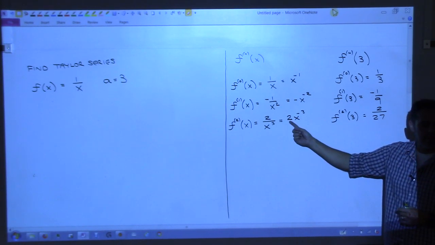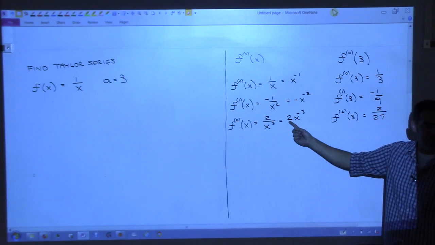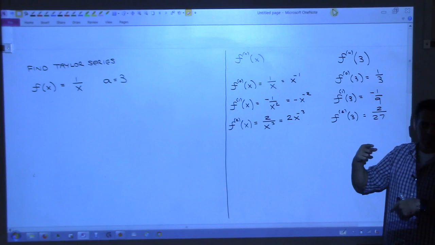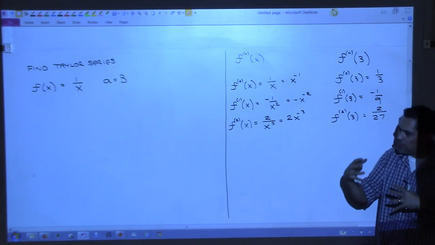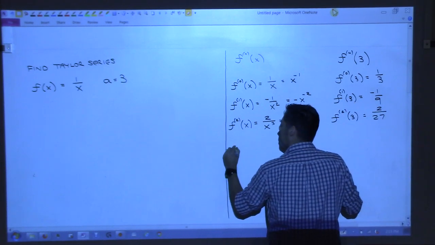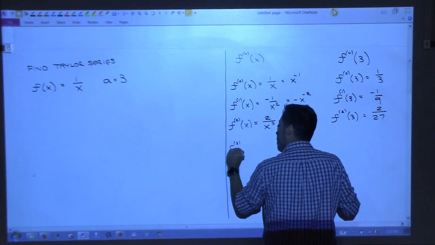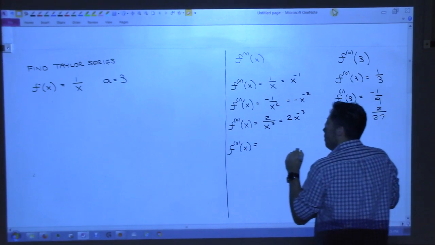Negative 6, which is really, I'm going to leave it as 2 times 3. Because when I come around for the next one, is it going to be 2 times 3 times 4? Do y'all see what's happening here? This is what I need you to start to see. I'm trying to get you to recognize that there's a pattern.